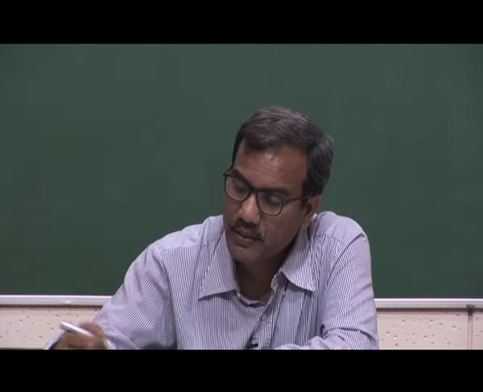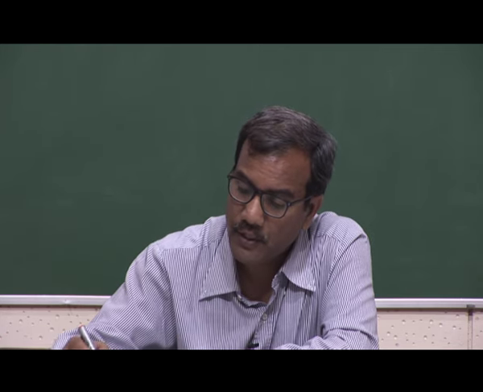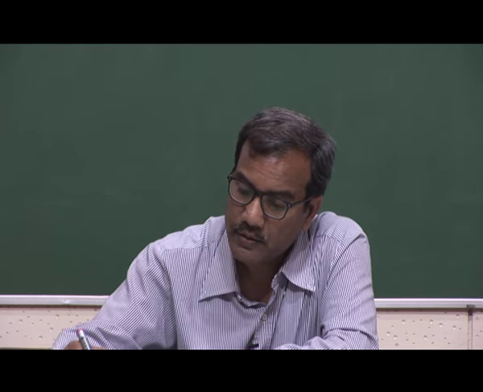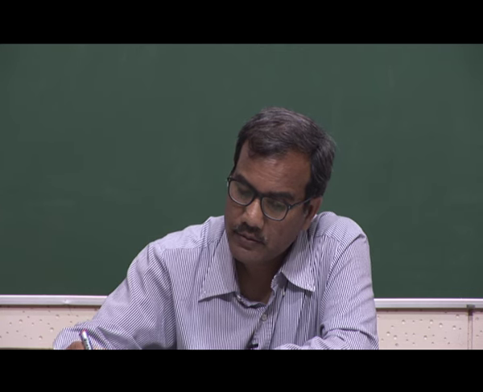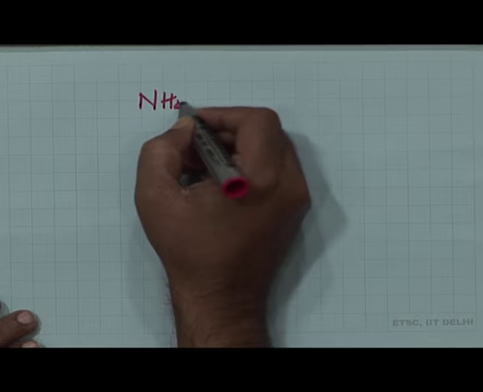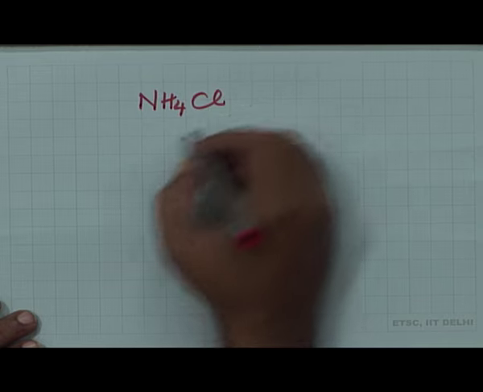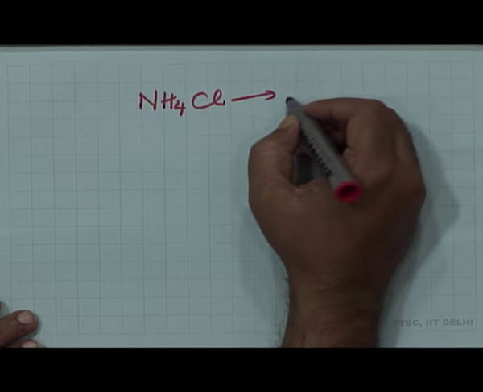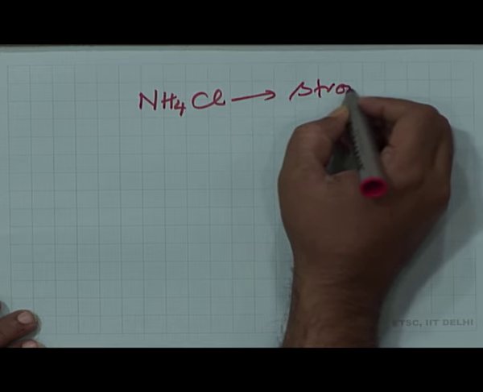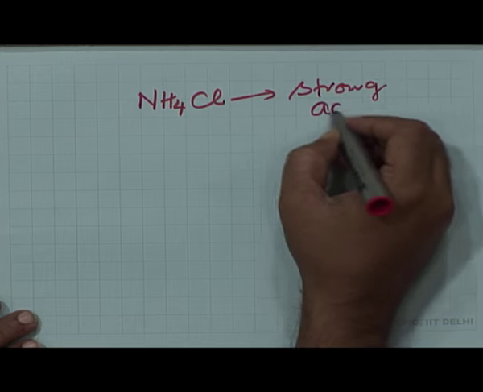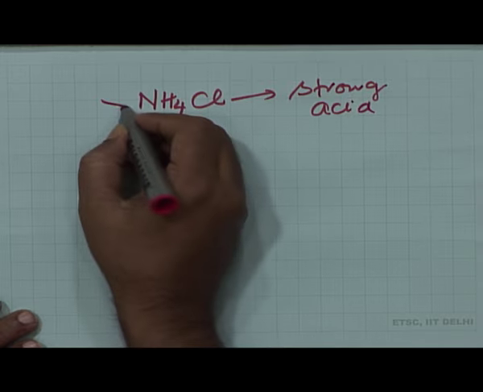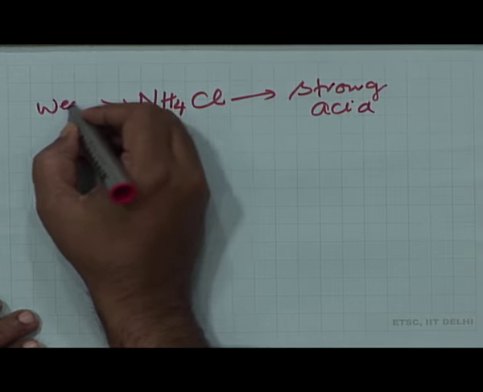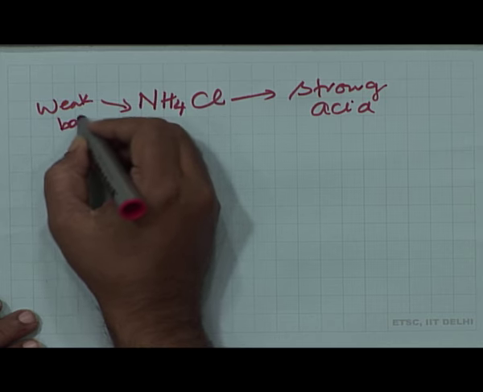Now, we can think about a salt of a strong acid, which is HCl, and a weak base, which is ammonia solution.